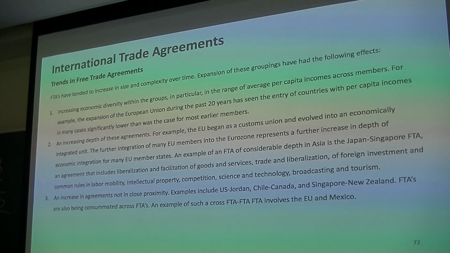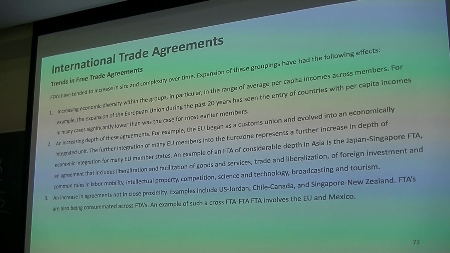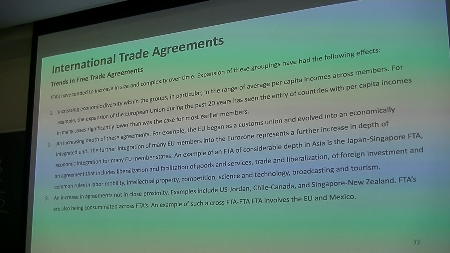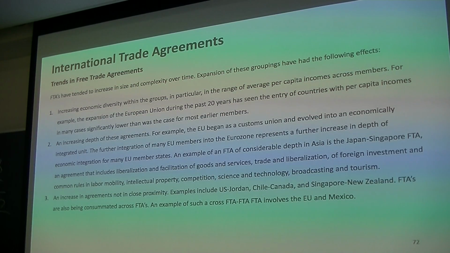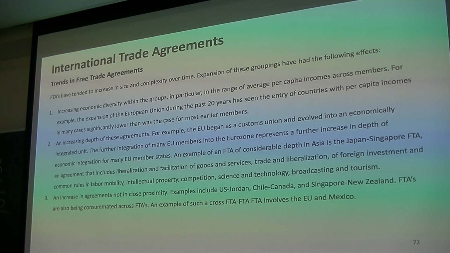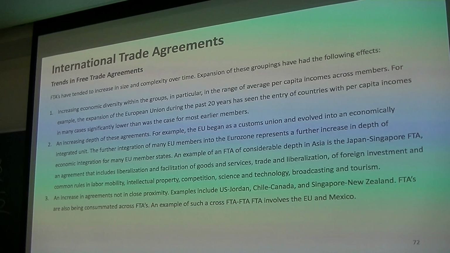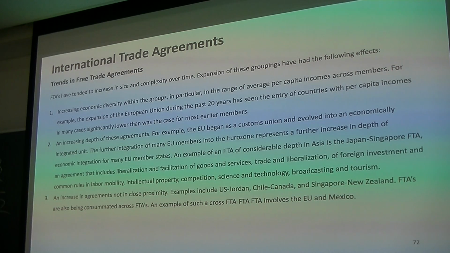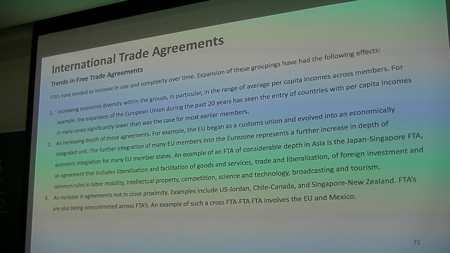And in terms of the trends, I want to talk now about the trends in free trade agreements that we've seen over time. One of them is that there's increasing economic diversity within these free trade agreement areas.